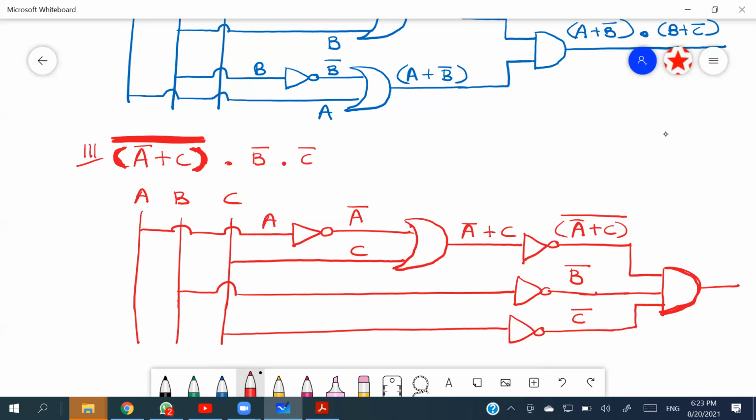So why did I do that? Because between every one of these terms, C bar, B bar, and this big thing, we got a dot. So we can send it through one particular AND gate. And it is not wrong if you use an AND gate to have A bar plus C bar dot B bar first, then have that output combined with the C bar using another AND gate, right?